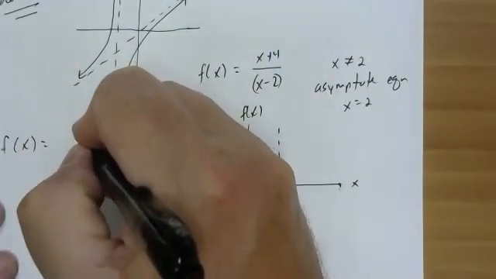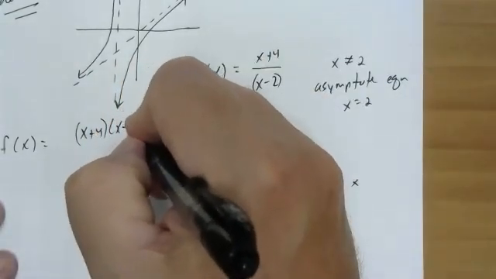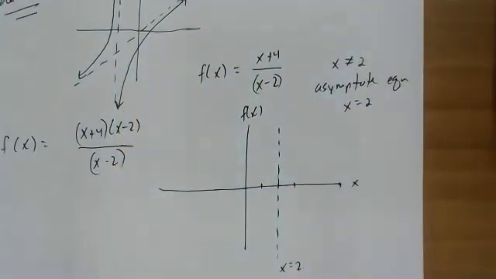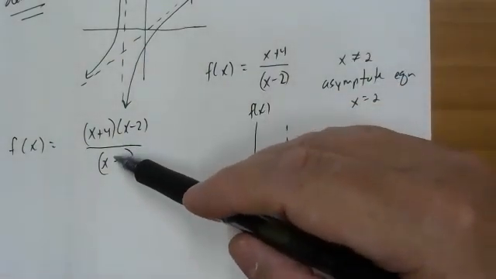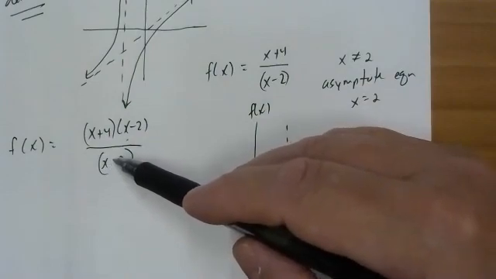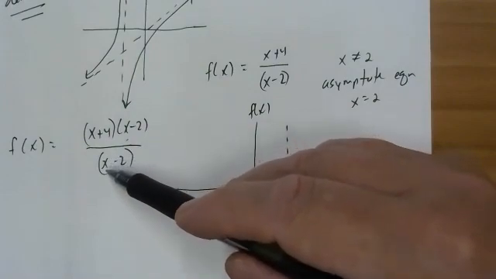Say this was your function, x plus 4 times x minus 2 over x minus 2. Normally, someone might say, if I'm looking for the vertical asymptotes, all I look at is the denominator, and I would say the vertical asymptote is x equals 2. And that's true about 98% of the time.